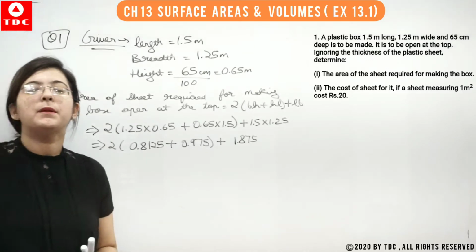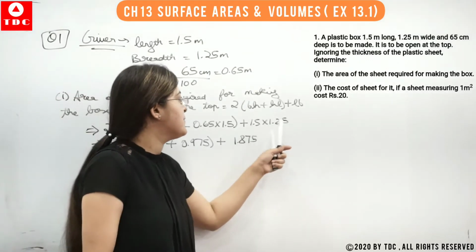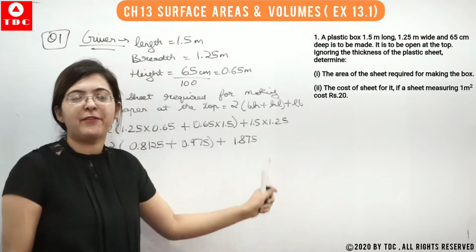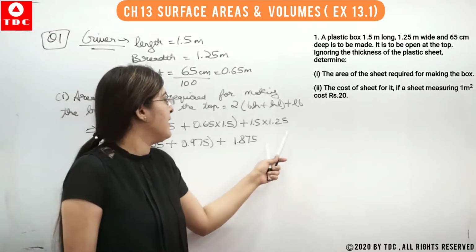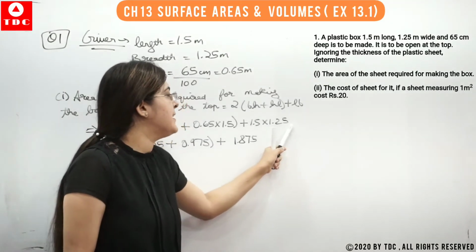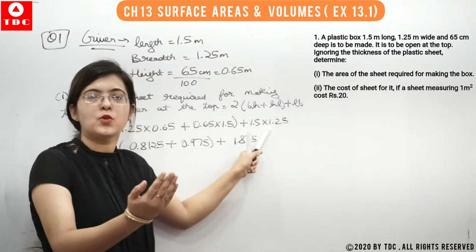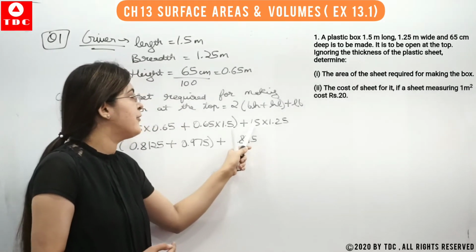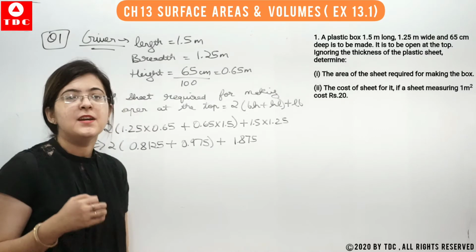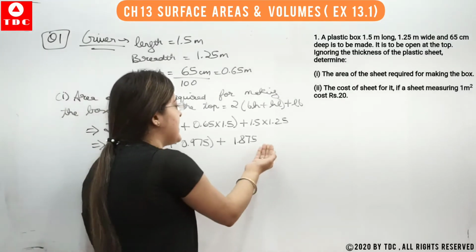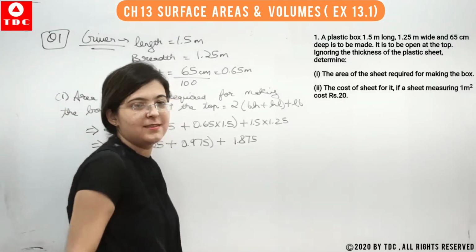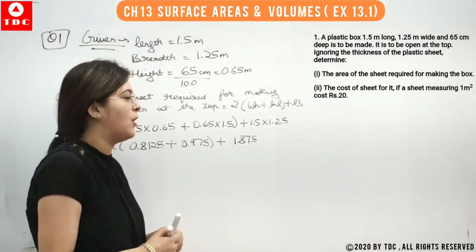If you face problem in decimal, then just first multiply 125 into 15. Then here the decimal point is 2 digits from the back, and here from the back it is after 1 digit. So total 3, so put the decimal after 3 digits. Like this you can solve.